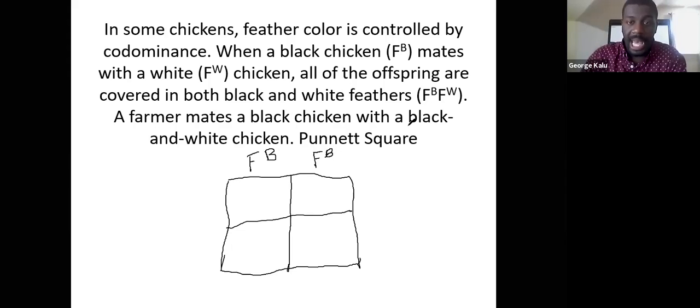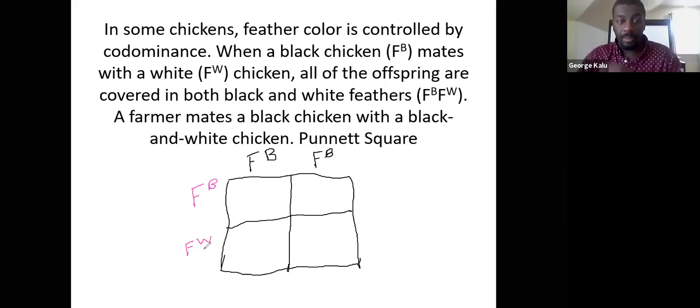Okay. And if we have a black and white chicken, what would its genotype be? FB, FW, perfect, Michaela. So this would be FB, FW. Perfect.